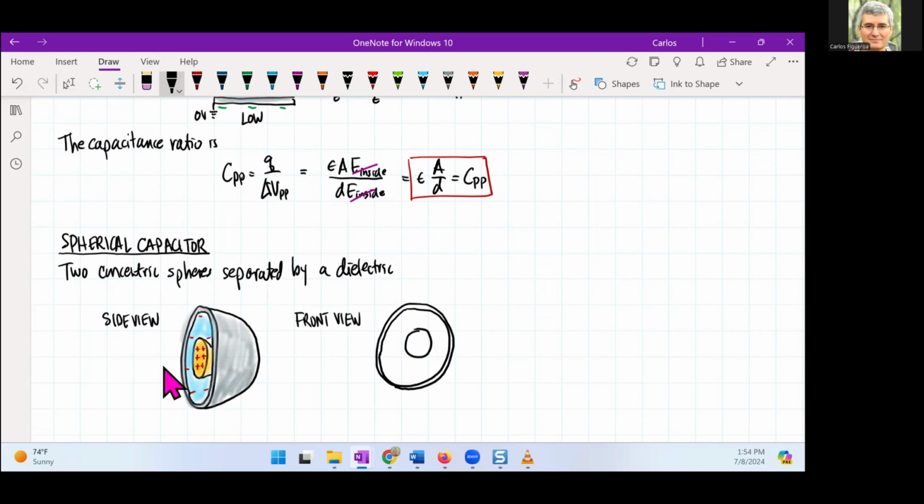And that's my spherical shell. So then I'm seeing that right here is my inner plate. So this has all this charge right here. I have my outer plate, which will be in gray. And then I have my dielectric inside.